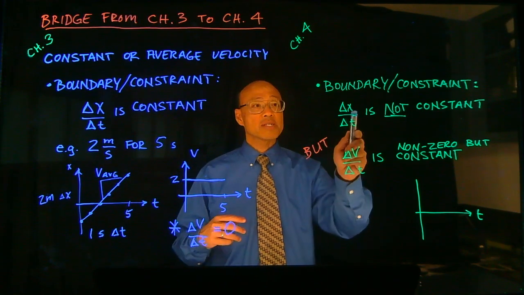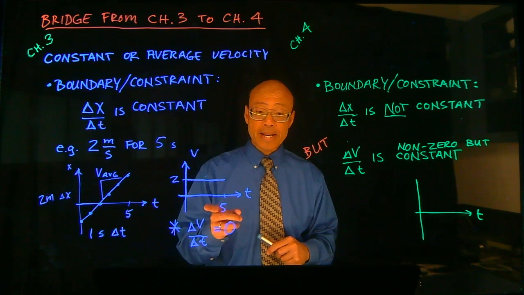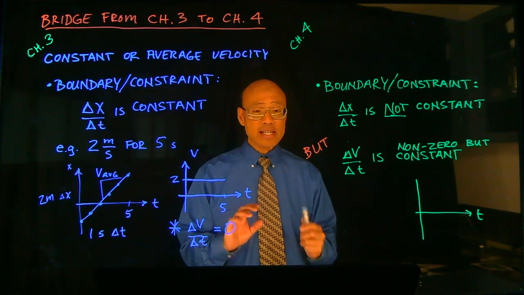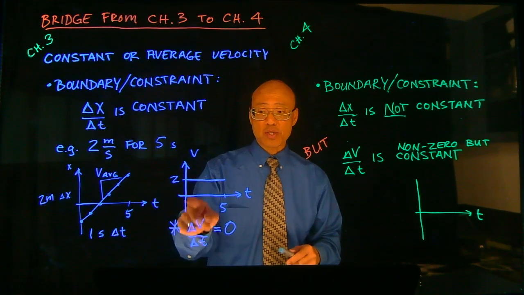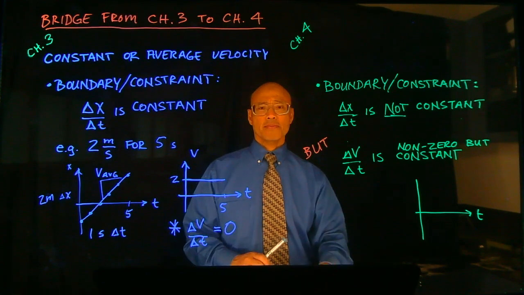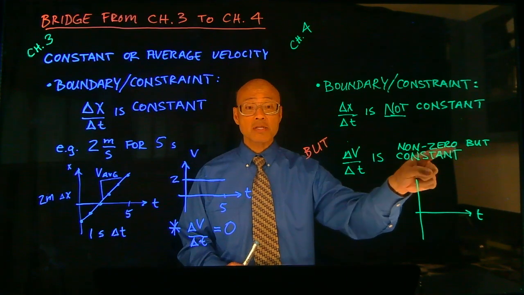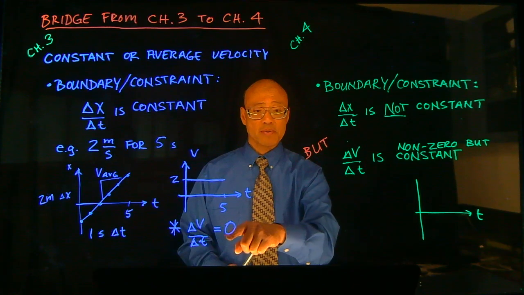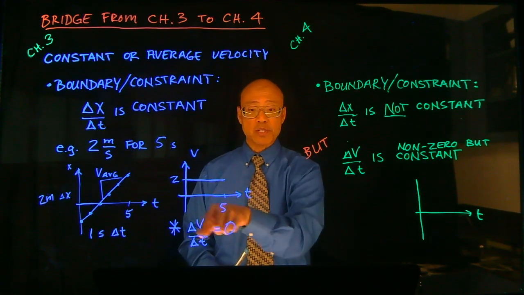In Chapter 4, we relax the boundaries. The first boundary is that this is no longer constant. But what is constant? We're going to let this ratio, the slope of this graph, be constant. What does that mean? If delta v over delta t is non-zero, because 0 is trivial, right? But constant, then we're entertaining a different picture than this.